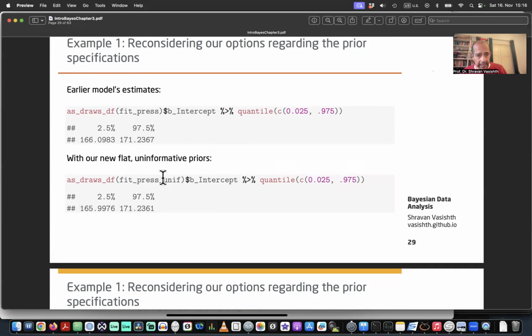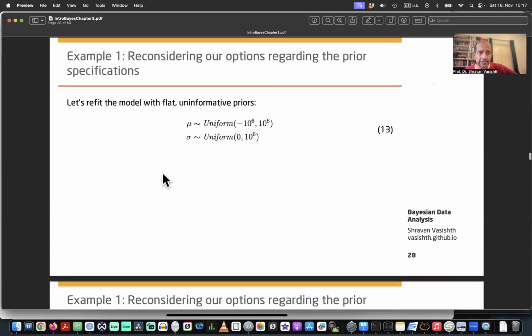With our uninformative uniform priors, we've got a range that is pretty much the same as the first set of priors that I had used. So you can see that just shifting to this insane set of priors doesn't actually change the posterior much. That's an example of the prior not really influencing the posterior that much.